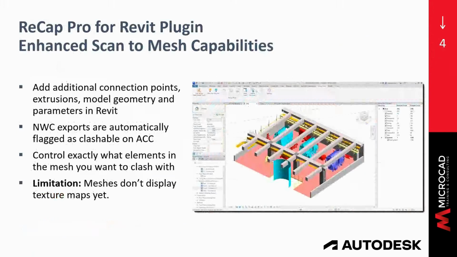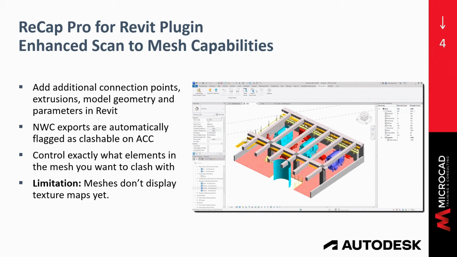So the first big change is that the Recap Pro plugin for Revit has enhanced mesh capabilities. So what happens is that within the Revit Family Editor, users now can further refine the objects by adding connection points, extrusions, model lines, or parameters.